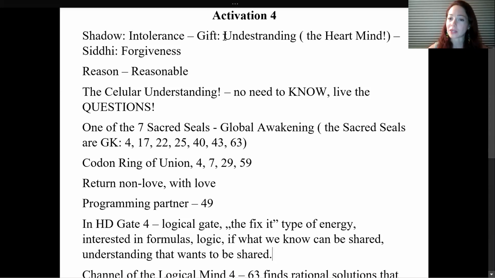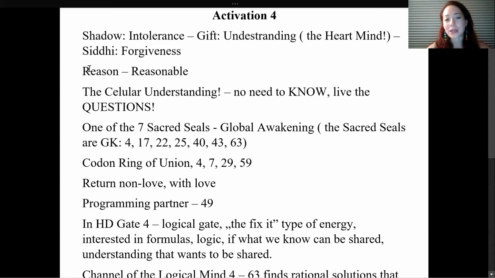But I really like this kind of understanding from the higher perspective of the heart mind. And you will see why the mind is very important here. If you listen to Richard Rudd's contemplation about it, what, at least for me, popped up very nicely was this combination between reason and reasonable.